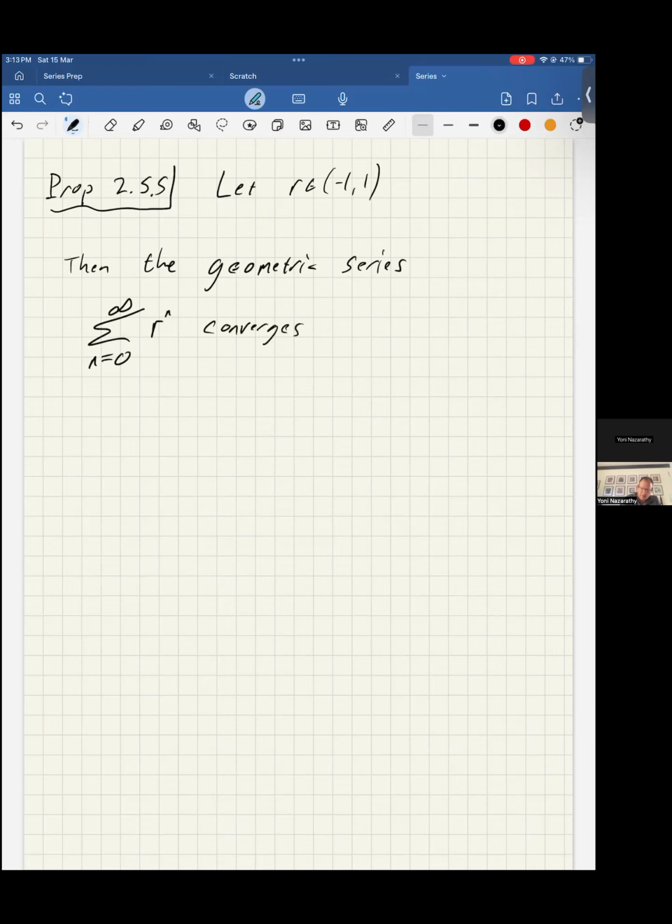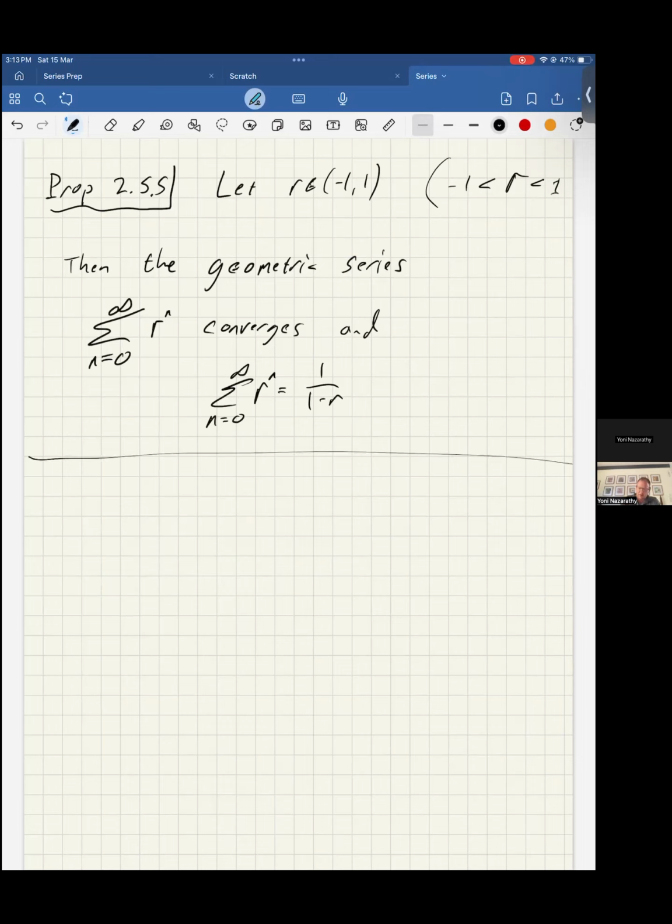Okay, so r is strictly greater than -1 and strictly less than 1. It converges, and the sum from n = 0 to infinity of r^n equals 1 over 1 minus r.